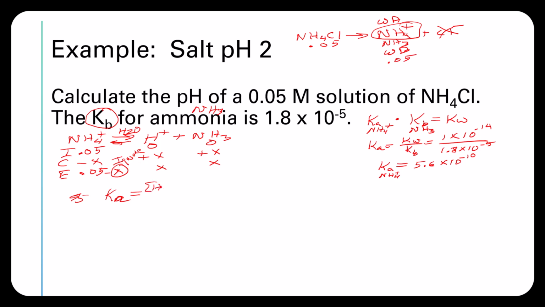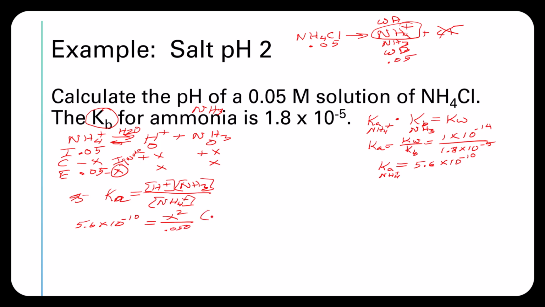So let's go ahead and do the equilibrium constant expression, which is Ka is equal to H plus times NH3 divided by the NH4 plus concentration. All right, I'm ready to solve. So that's going to be 5.6 times 10 to the minus 10 is equal to x squared divided by 0.050 molar.